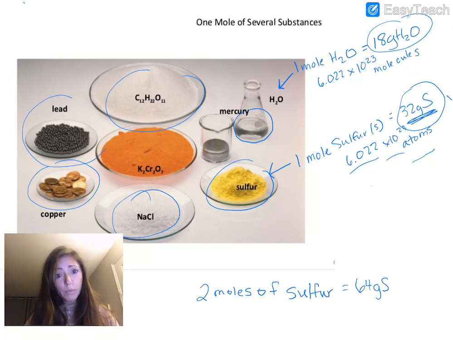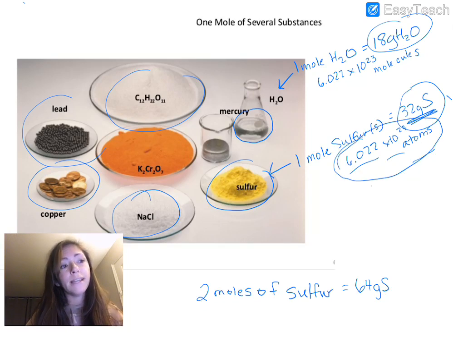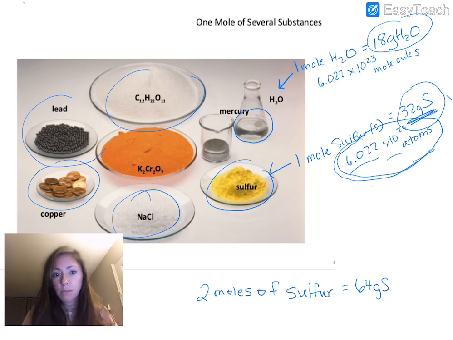Because that's 2 moles. Since 1 mole weighs 32 grams, I would just double that. That'd be 64, okay? And that would be double this number. So I could take this number and say 6.022 times 10 to the 23rd atoms of sulfur, times 2. That's how many particles of sulfur I have, okay? So we're going to be using molar mass and this constant, Avogadro's number, throughout the week this week.